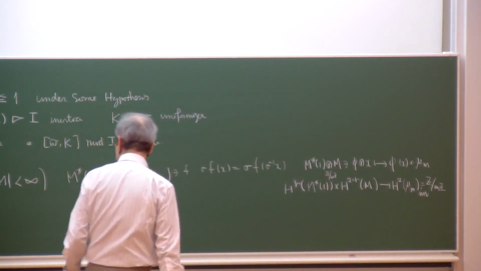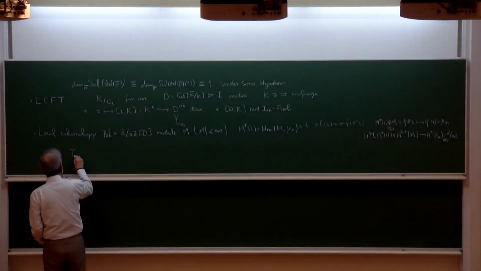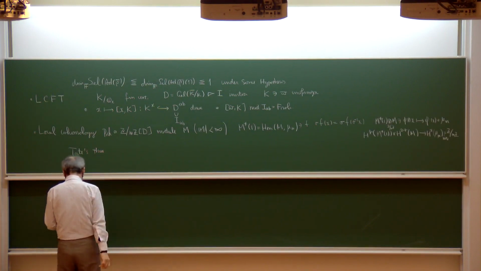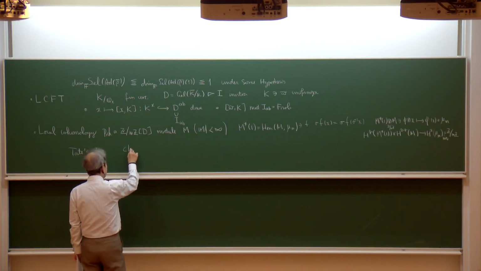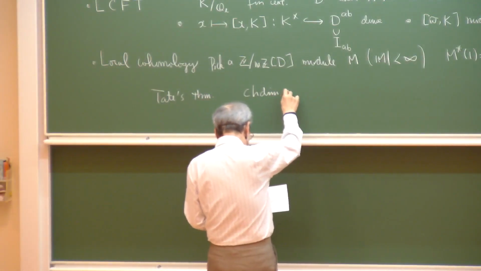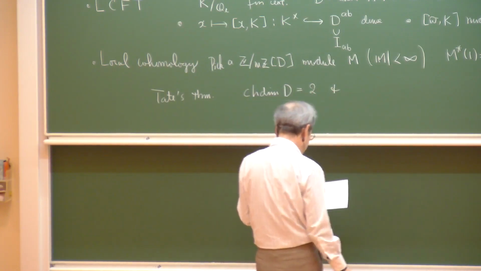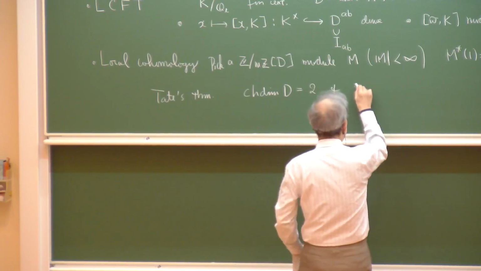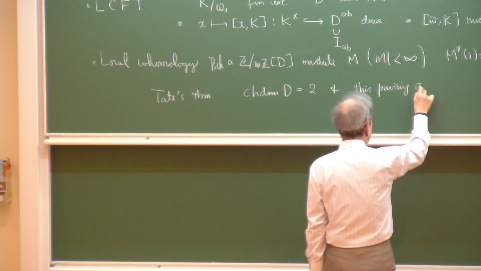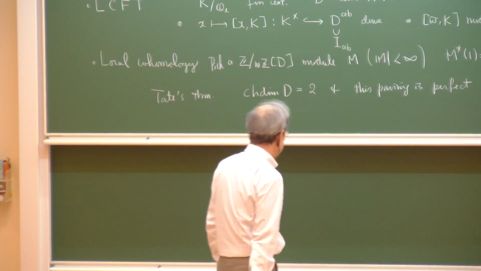So this is the pairing, the Tate pairing, and the theorem of Tate is that the homological dimension of D is 2, and this pairing is perfect. So it's a Pontryagin dual of the cohomology group.